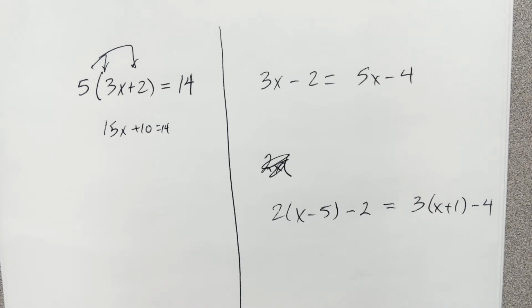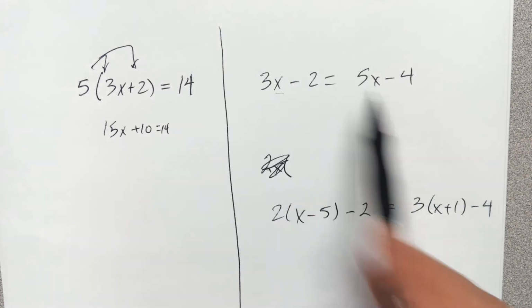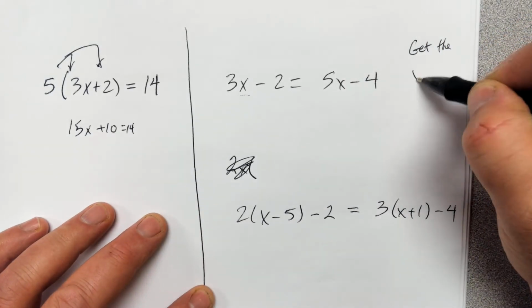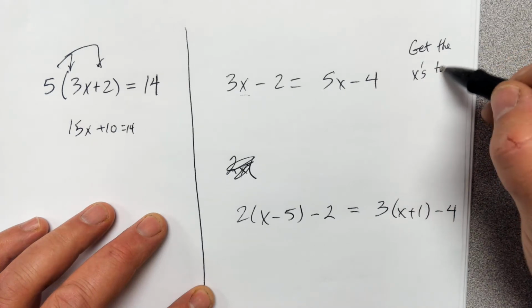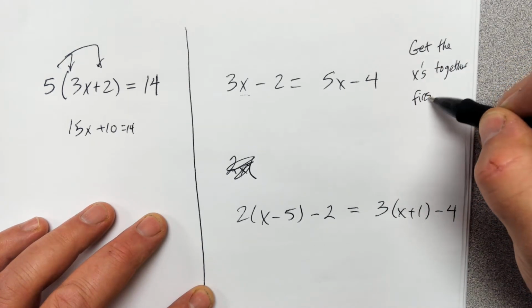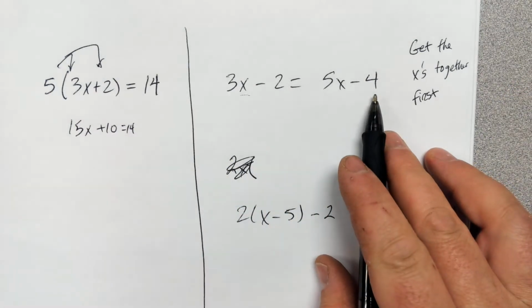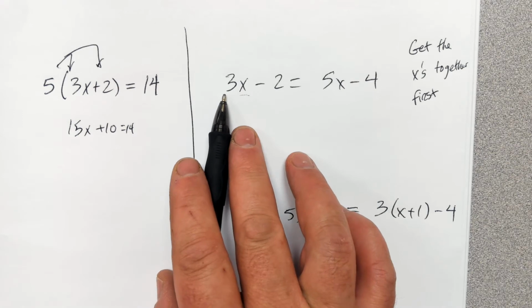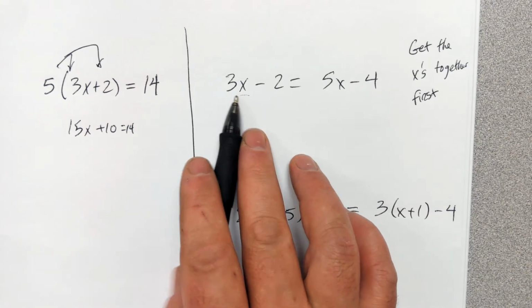So here's what you should do to make it easy. We have to get the x's together first. That's what you want to do first. You don't want to start moving the 2 and the 4 around. Don't even worry about that. Don't worry about the 5 and the 3. Get the x's together first. And then try to solve it.